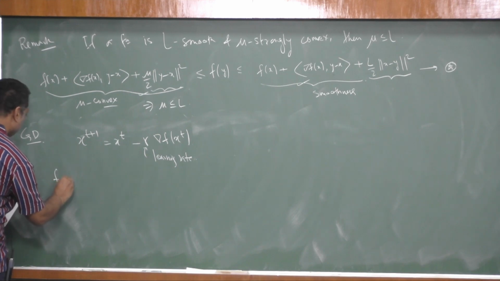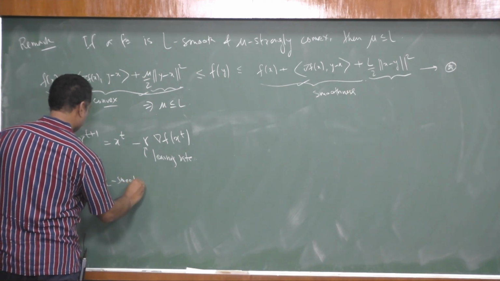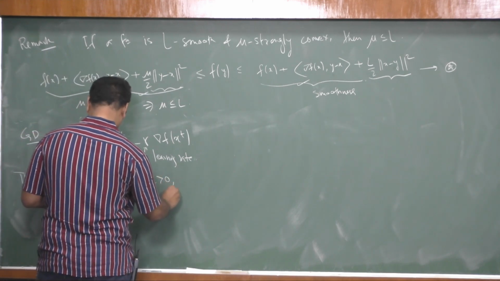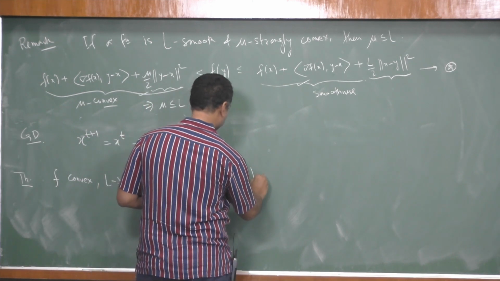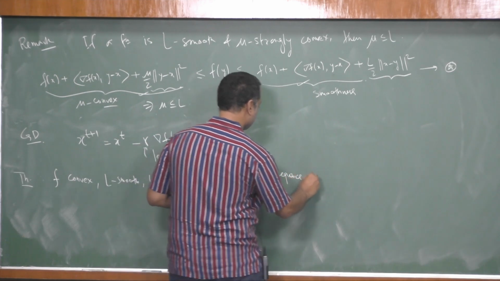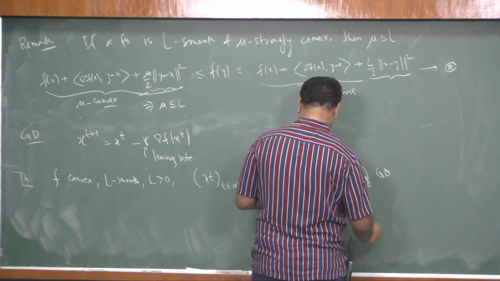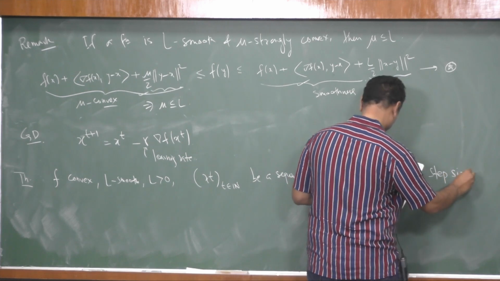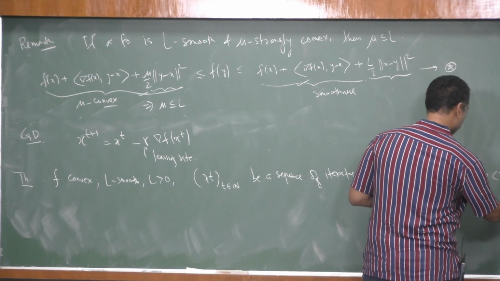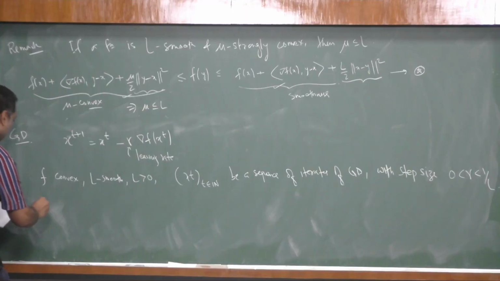Let f be convex and L smooth, L greater than 0, and let (x_t), t in N, be a sequence of iterates generated by gradient descent with step size 0 less than gamma less than 1 over L. Then we prove that this will converge.